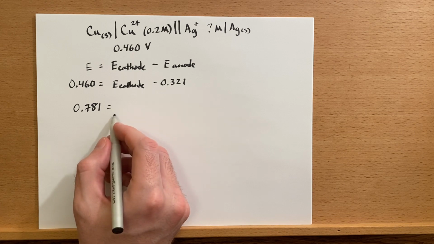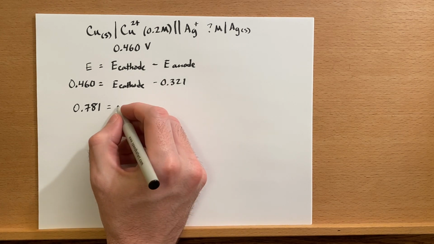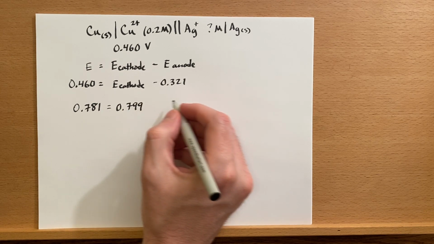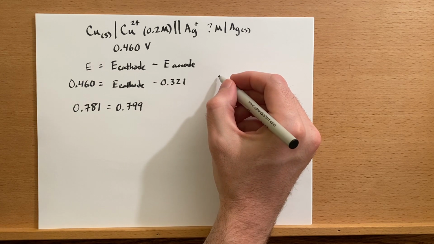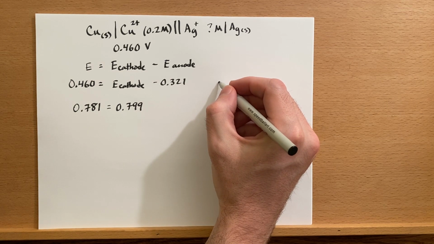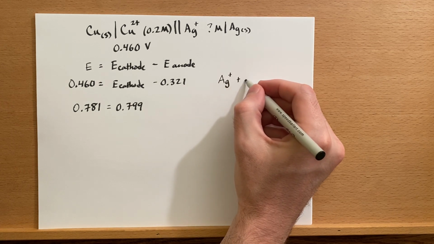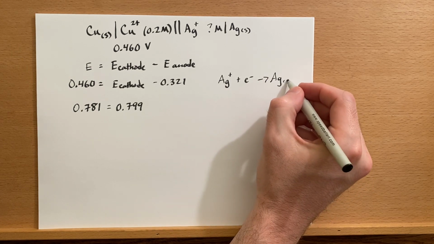So we use the standard potential of silver, which again we would look up in a table. It is 0.799 volts. And for reference, let's write the standard reduction reaction for silver again. And that's a solid.